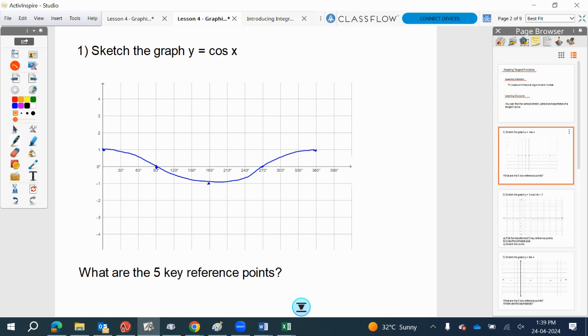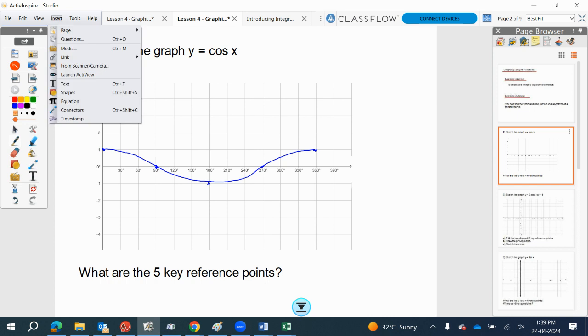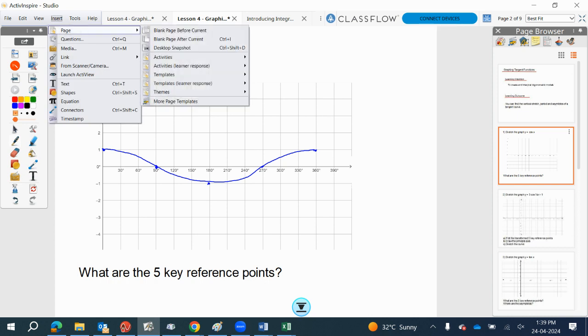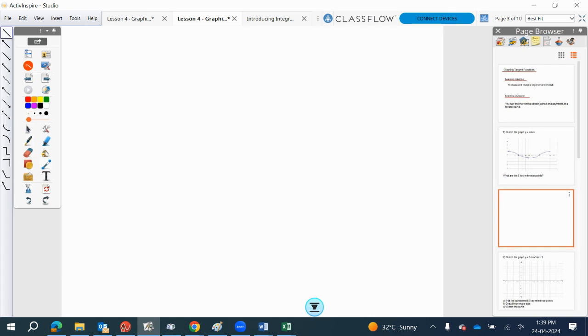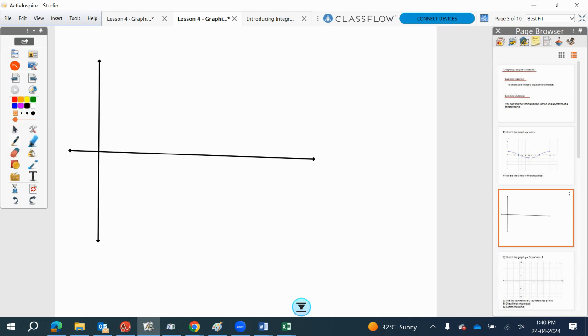If you're sketching it on grid lines, then you need to be a little bit accurate with your grid lines. If you're sketching it without grid lines, it's a little bit easier and quicker. You can just put in some axes, draw the standard cosine function, label the points.